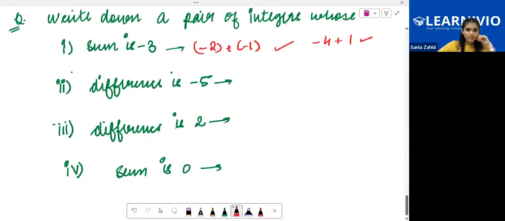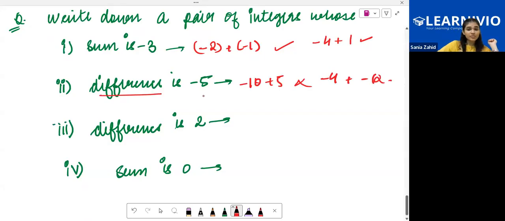Then difference is -5. -10 plus 5. Okay, what is the answer for the second one? -10 plus 5. And Razan? -4 plus -1. Both the answers are wrong.